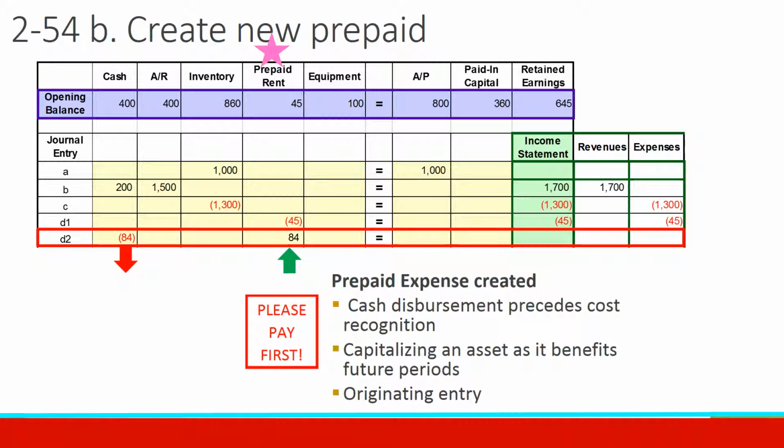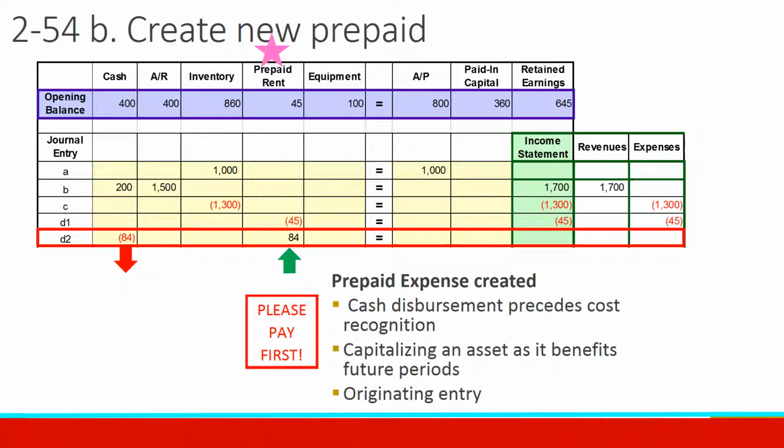So the second part of requirement D is that we're going to reflect the fact that we entered into a brand new contract to use space for $84,000. So we paid out $84,000 in cash, and we got back in exchange a promise to allow us to use the space for the next 12 months.